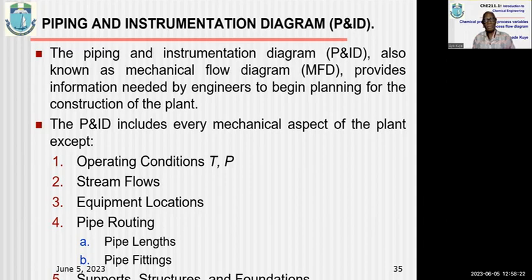Now from 4 down, that is where the subtle differences come. Now I need to indicate the piping, the pipe lengths, the fittings, and then support structures and foundations.